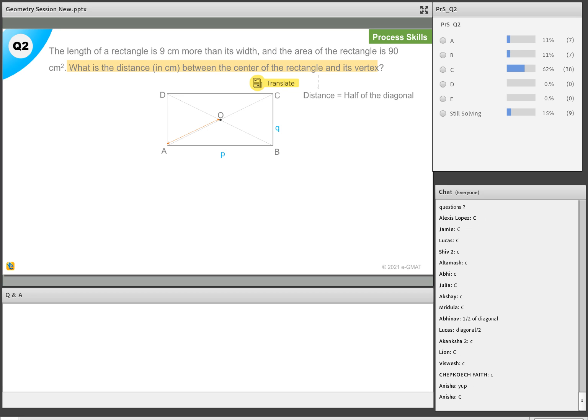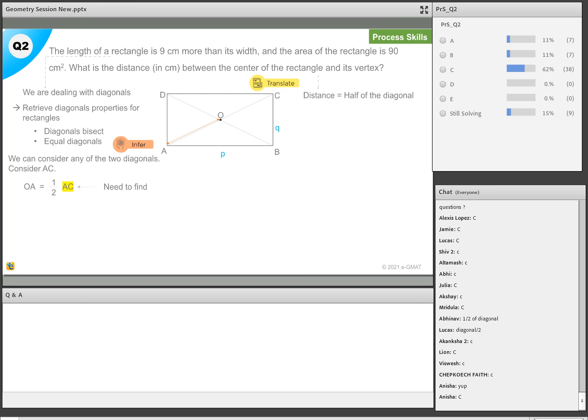So the distance that I need to calculate is essentially half of the diagonal, and for that I need to calculate the diagonal of this rectangle, right? What information do I have for the diagonal of this rectangle? I know that they bisect each other and I also know that they're equal in length. I also know how to calculate the values, right? Through Pythagoras theorem.